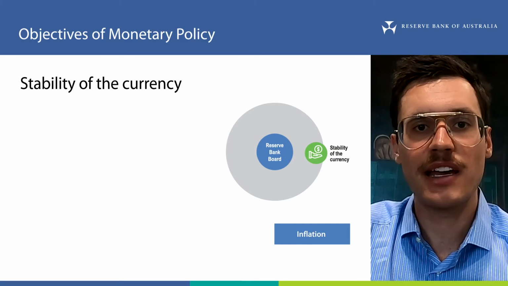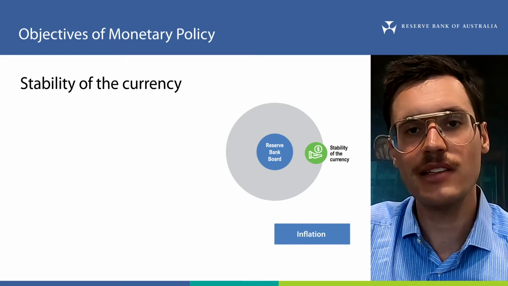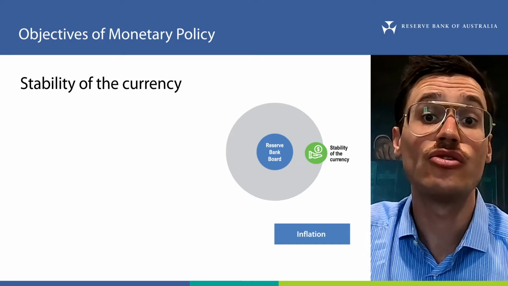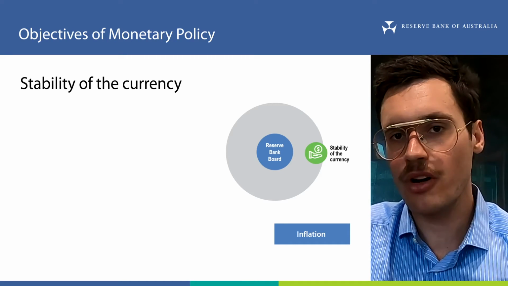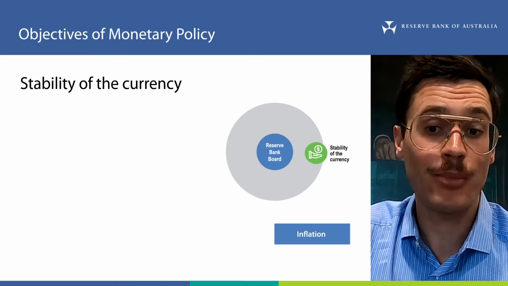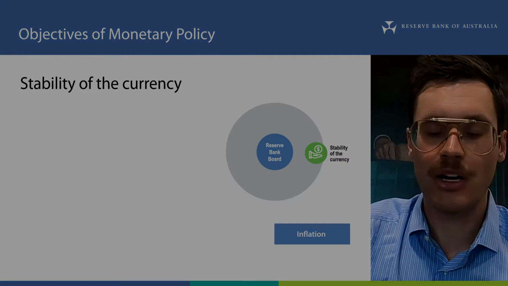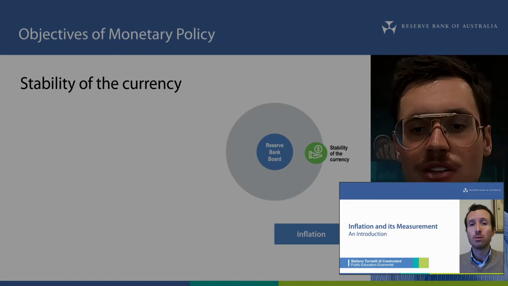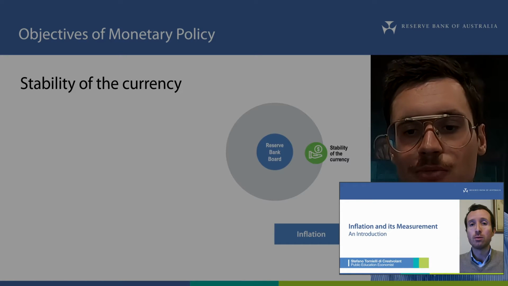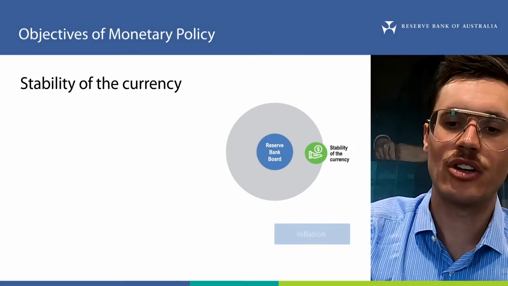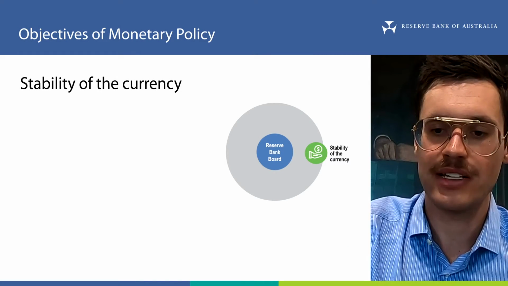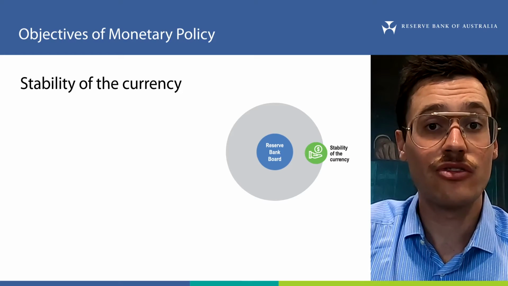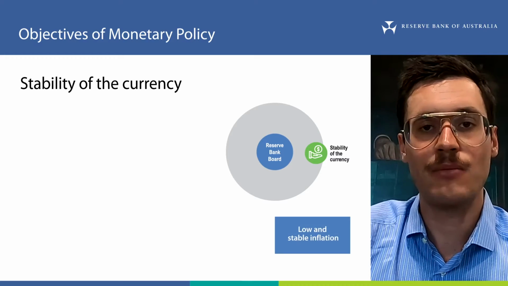The RBA monitors how lots of different prices change, but this objective relates to the inflation in consumer prices. These are the prices of goods and services that you and I buy every day. My colleague Stefano takes you through the concept of inflation and how it's measured in some other videos. Links are in the description. The RBA interprets the stability of the currency objective as keeping the inflation in consumer prices low and stable.